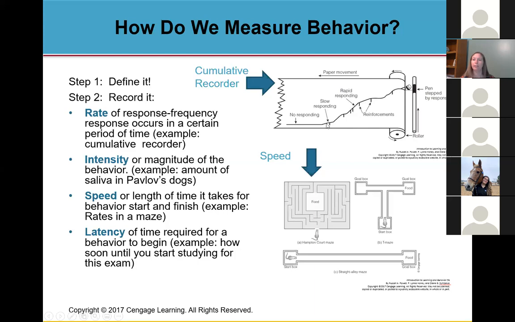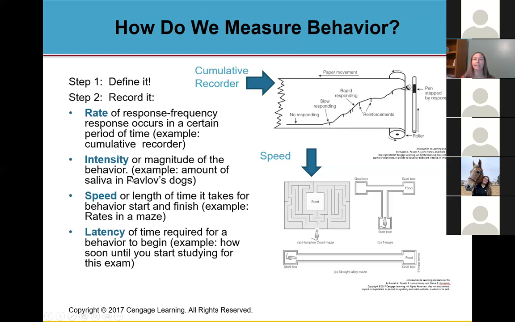So a small slope indicates slow responding, a slow rate of response, whereas a very steep slope indicates a more rapid response, or button press or something like that. And these little tick marks are our reinforcers, which we'll talk about later. So that's one way that we can record measurement, right? So using something like a cumulative recorder.